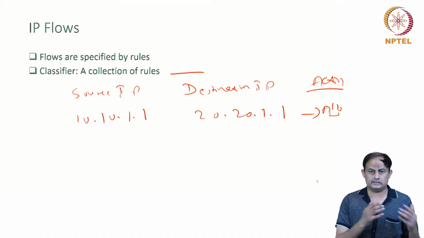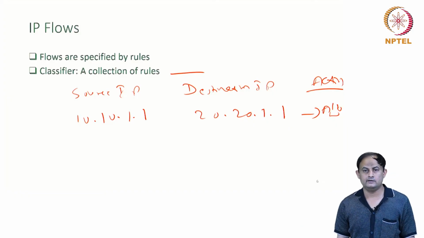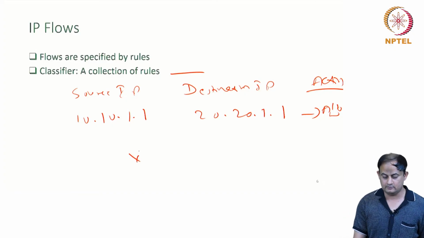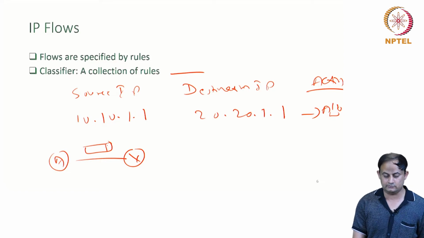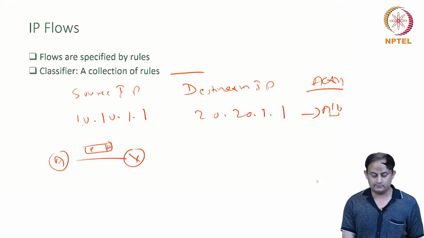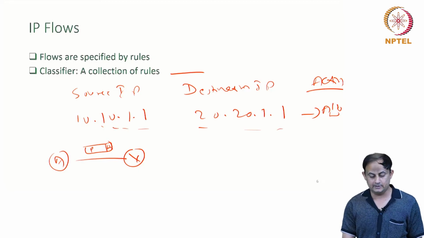Now you can imagine these fields I have mentioned are coming from the header portion of the packet. I have got an incoming packet. Let's say A is the computer and there is a packet. The packet contains two things: one is the header, and the second portion is the payload, or the actual content. The rules are written using the fields of the header.